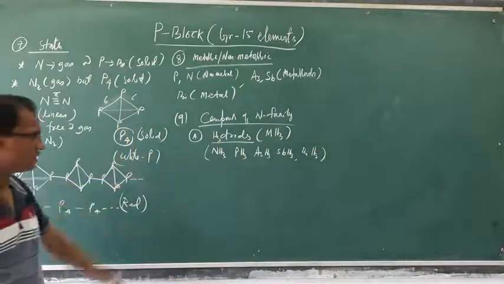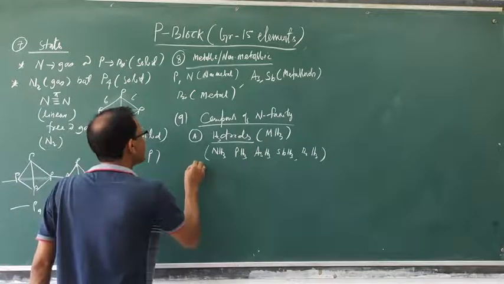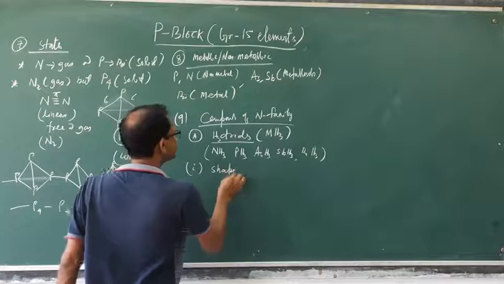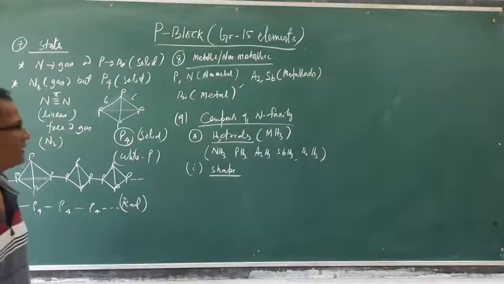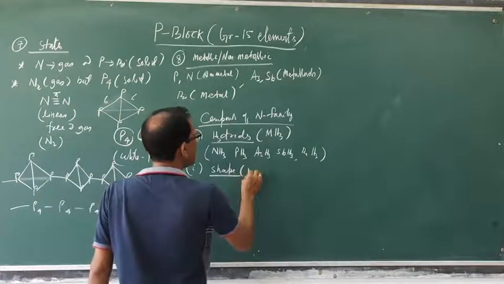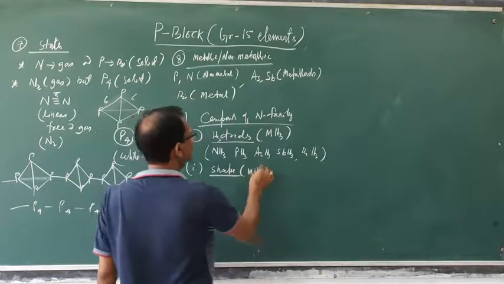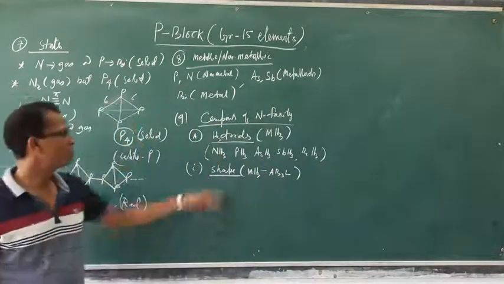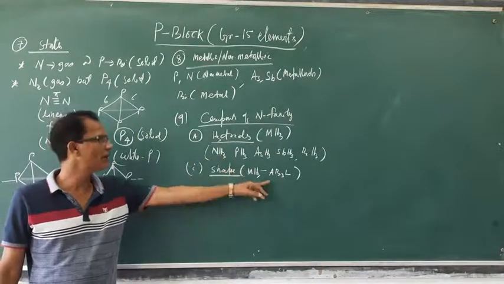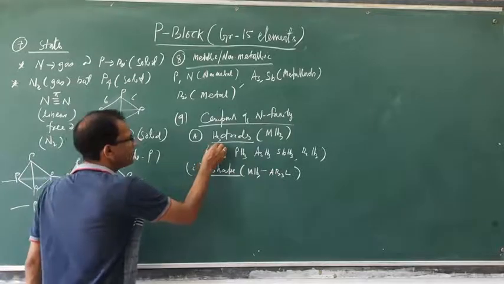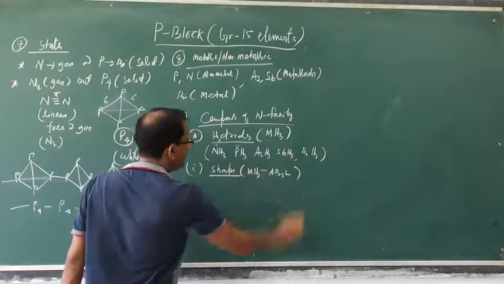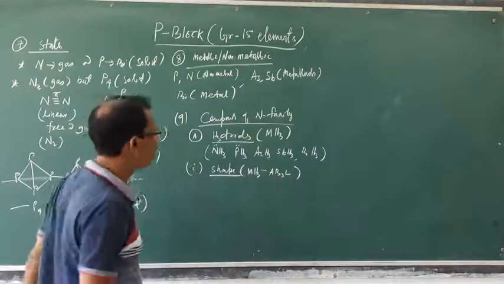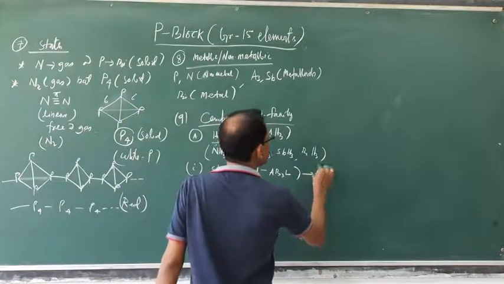If you study the properties of these hydrides, the first property is the shape. All have the MH3 system, which means AB3L: 3 bonded atoms and each having one lone pair. So as they have a lone pair and 3 bonded atoms, the shape is pyramidal.